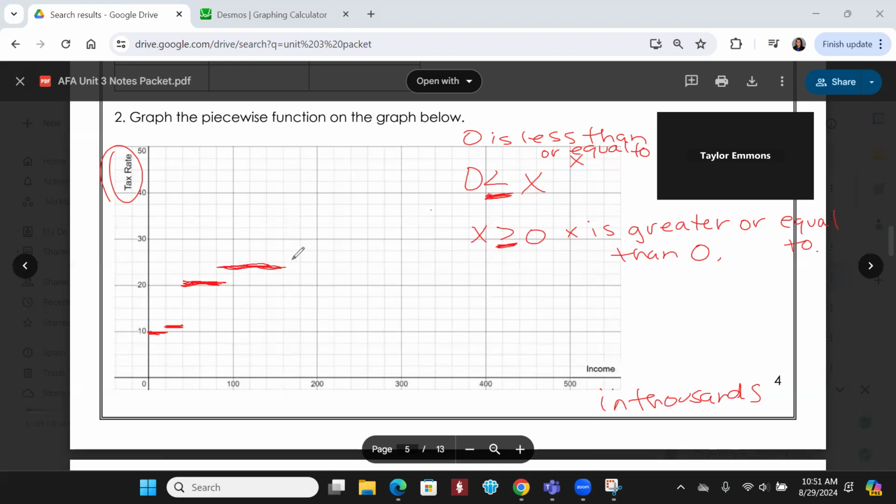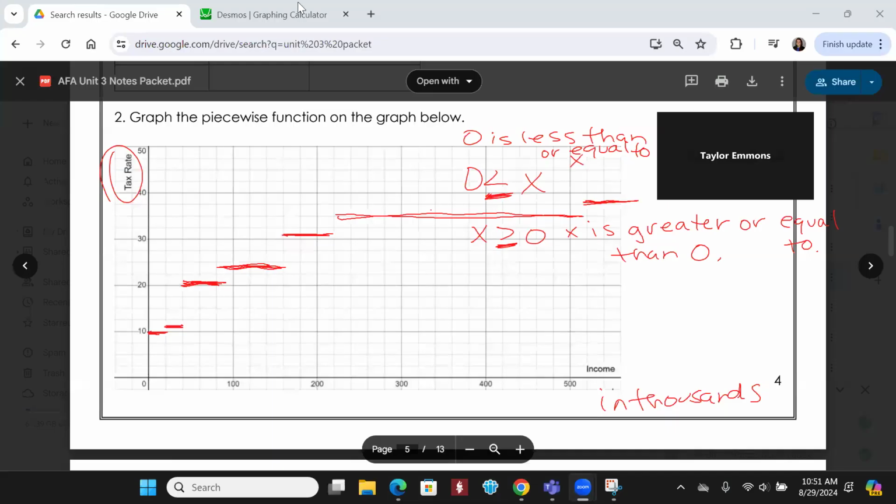And then from 170 to 215, we're at 32%. And then from 215 to 539, we're at 35%. And then from there on, we're at 37%.